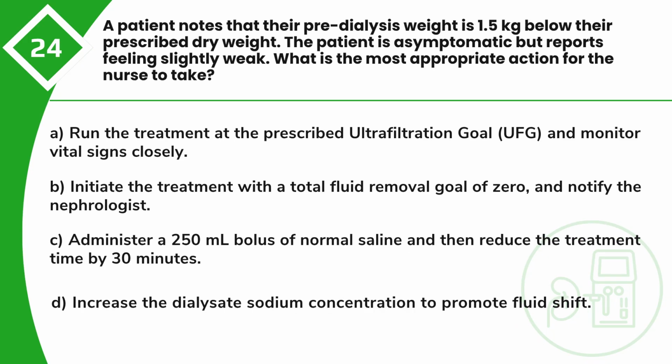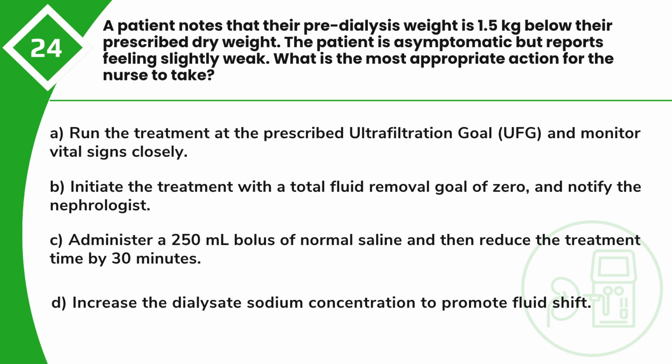Question 24. A patient notes that their pre-dialysis weight is 5 kg below their prescribed dry weight. The patient is asymptomatic but reports feeling slightly weak. What is the most appropriate action for the nurse to take? A. Run the treatment at the prescribed ultrafiltration goal, UFG, and monitor vital signs closely.